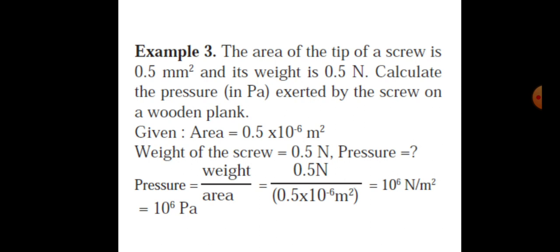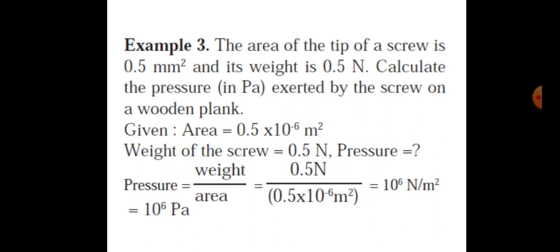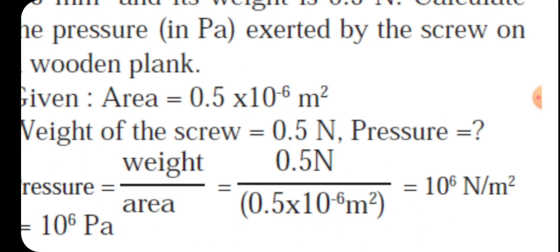So 0.5 is multiplied by 10 raised to minus 6 so as to convert millimeter square into meter square. Weight of the screw is 0.5 Newton and we have to calculate the pressure exerted by the screw on a wooden plank. Pressure is equal to weight upon area. 0.5 Newton upon 0.5 multiplied by 10 raised to minus 6 meter square.